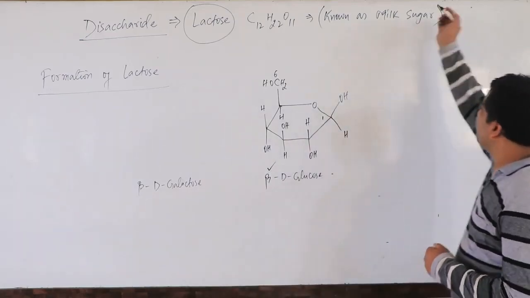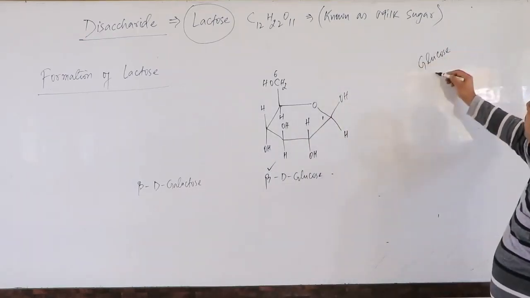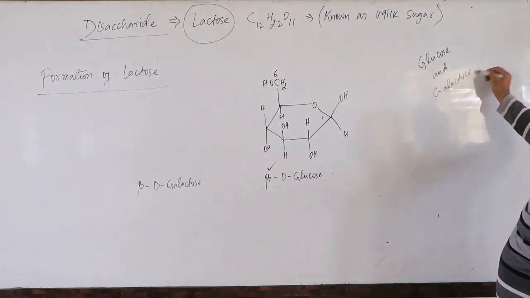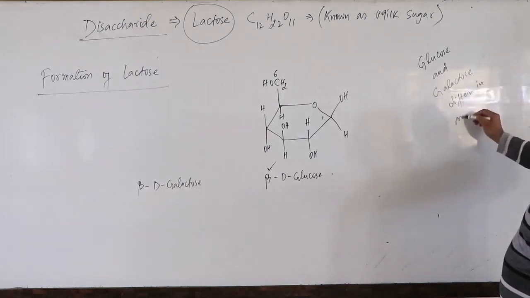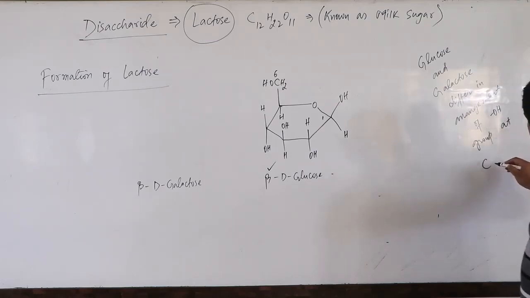So I will mention here: glucose and galactose differ in arrangement of the OH group at carbon C4.